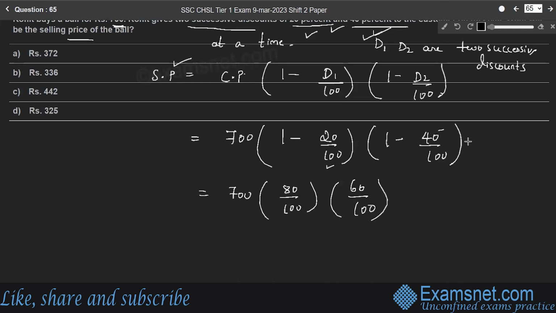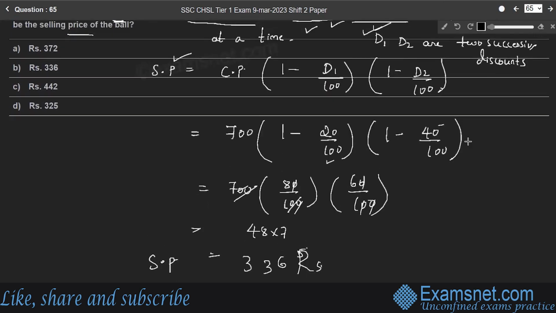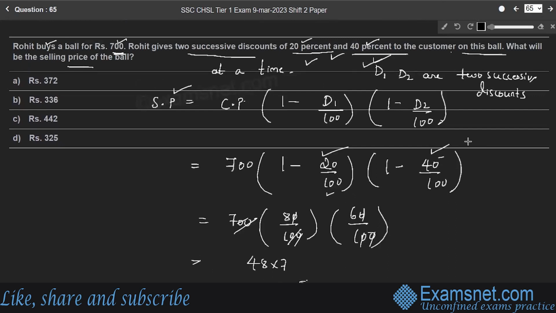So here we can cancel 2 zeros like this, and also here 2 zeros. So it becomes 8 into 6, 48, into 7. So 8 into 7, 56. So 336 rupees is the selling price of the ball when two successive discounts, 20% and 40%, are given. Therefore, the final answer is rupees 336 is the selling price.